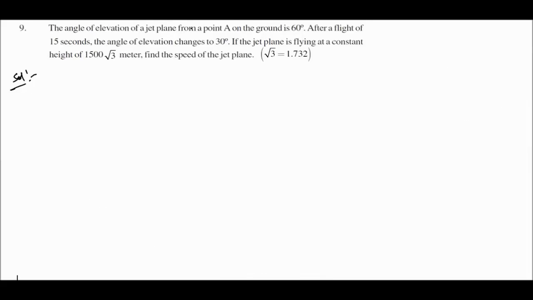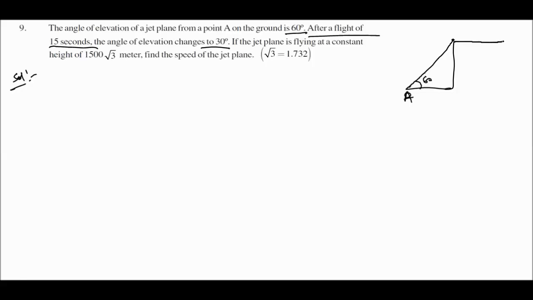The angle of elevation of a jet plane from a point A on the ground is 60 degrees. So the flight is here, the angle of elevation is here, and it comes like this. So it is 60 degrees here from a point A. After a flight of 15 seconds, the angle of elevation is 30 degrees.